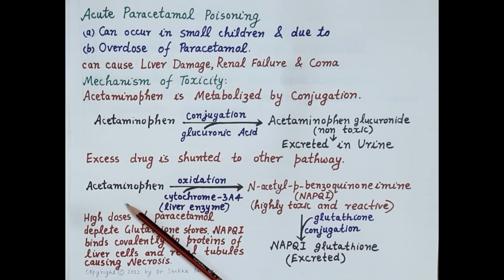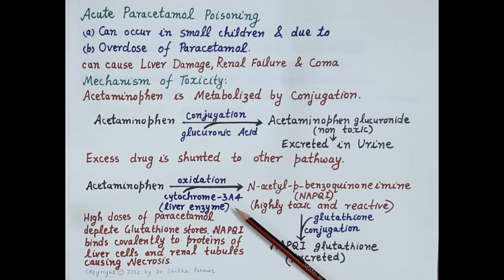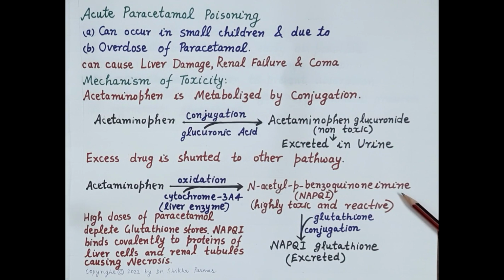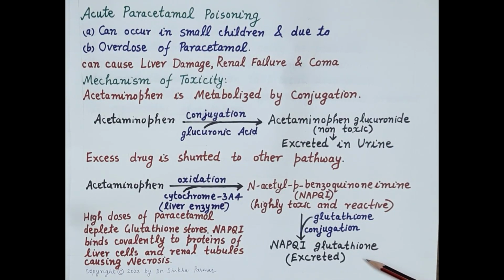So excess acetaminophen is oxidized by the liver cytochrome 3A4 enzyme. Acetaminophen is oxidized to a highly toxic and reactive metabolite, that is N-acetyl parabenzoquinone, in short NAPQI. Now NAPQI is conjugated with the glutathione to produce NAPQI glutathione, that is excreted from the body.